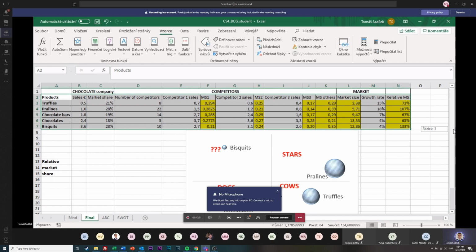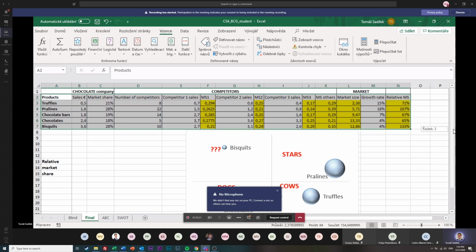This is the column M. And the relative market share is the column N that we calculated. So from these last columns, we can develop the final matrix.